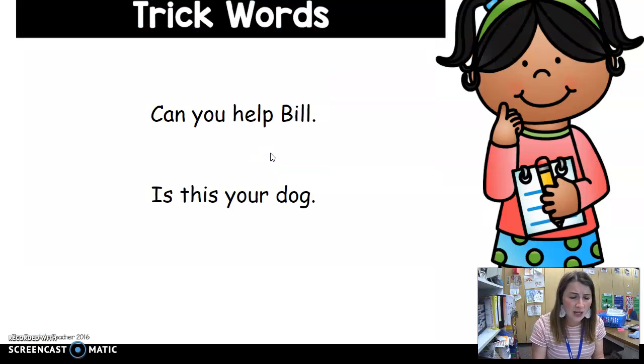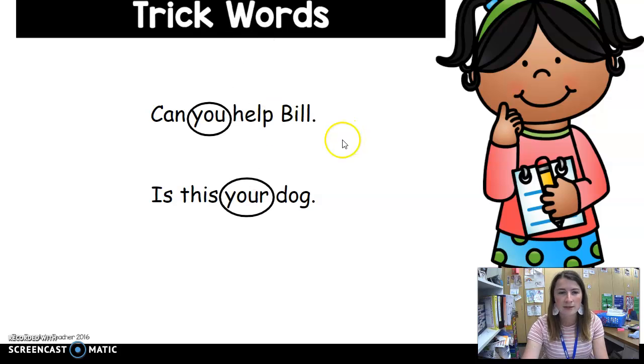All right. Now I need some help finding the trick words in the sentences that we have. All right, let's read this first one. You guys put your finger on it. Here we go. Can you help Bill? Oh, I see a capital at the beginning. I see finger spaces. And I see a punctuation mark at the end. This is an awesome sentence. All right, what is the trick word in this sentence? If you said you, you are correct.